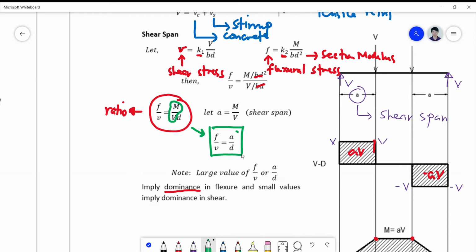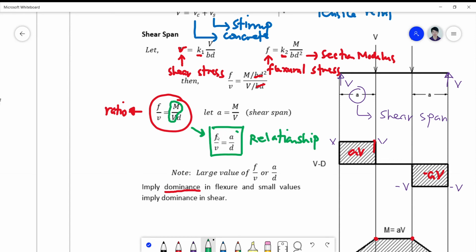So this is now your simple relationship that will give you an indication whether your flexure is dominant or critical rather than your shear. And how do we do that? Take note that a large value of F over V, or A over D, will imply dominance in flexure. Why?